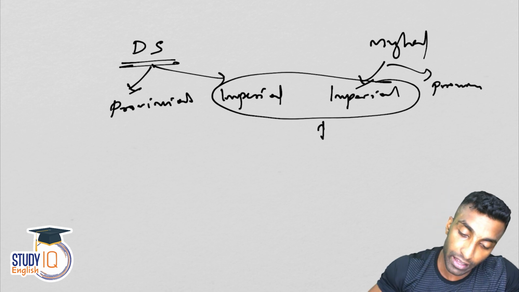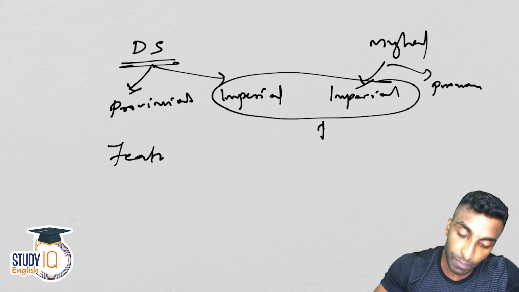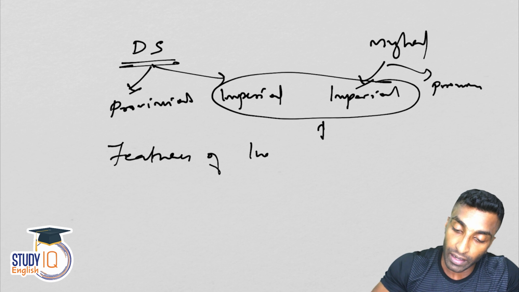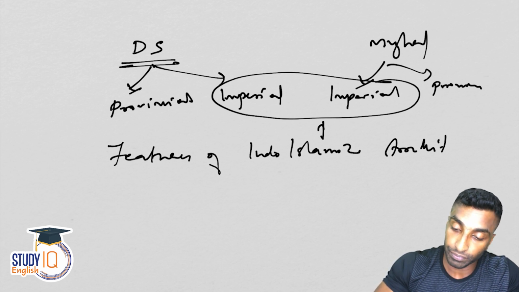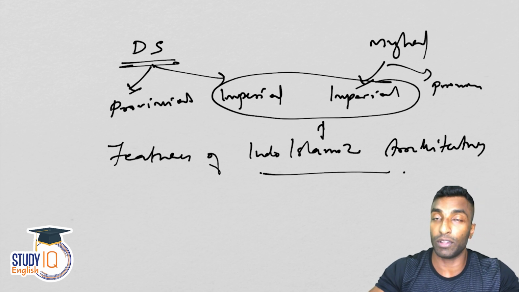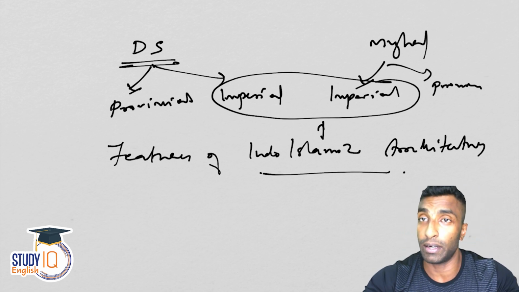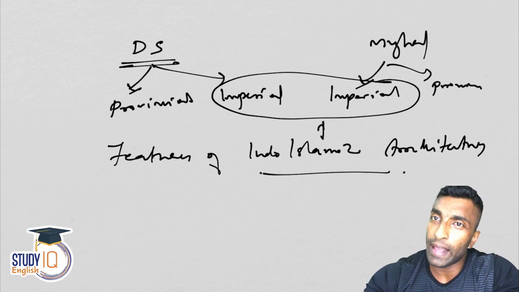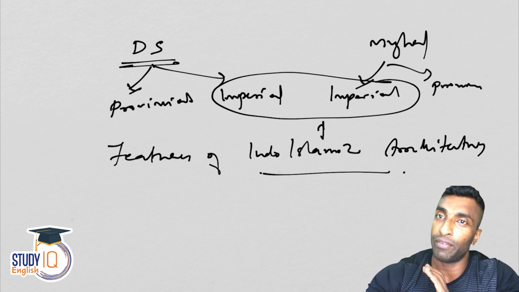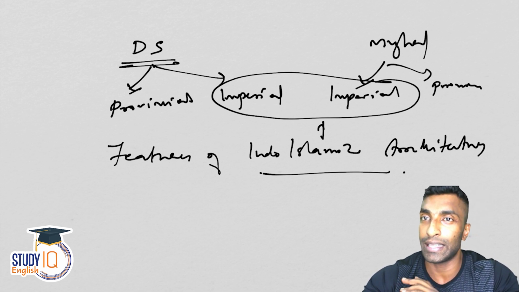Let me give a heading here: the features of Indo-Islamic architecture. Guys, let's discuss the features of Indo-Islamic architecture. Remember that I'm clubbing both the Delhi Sultanate and the Mughals. At some point, we will be covering all the important rulers and their contributions.